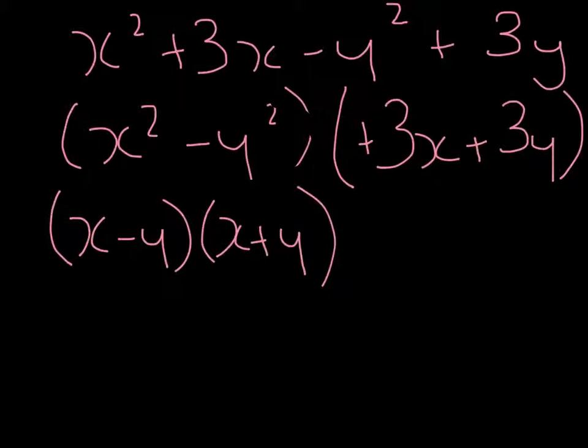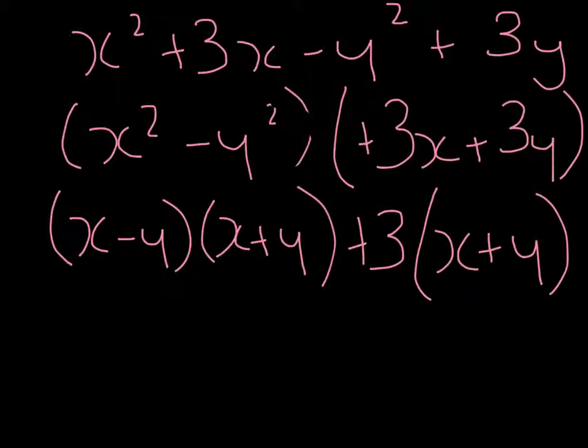Let's now have a go at factorising this other bit. I'm going to take out a common factor of plus 3 out of both of them. So plus 3 will leave me with x, and if I take the 3 out of this term, it leaves me with y, so it will be plus y.